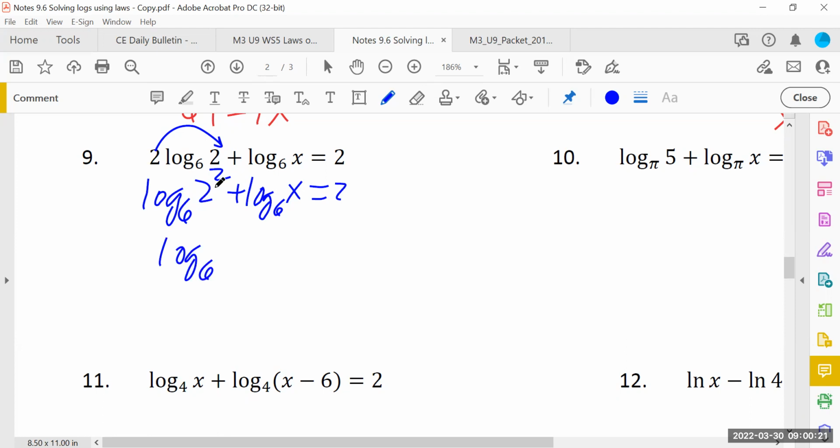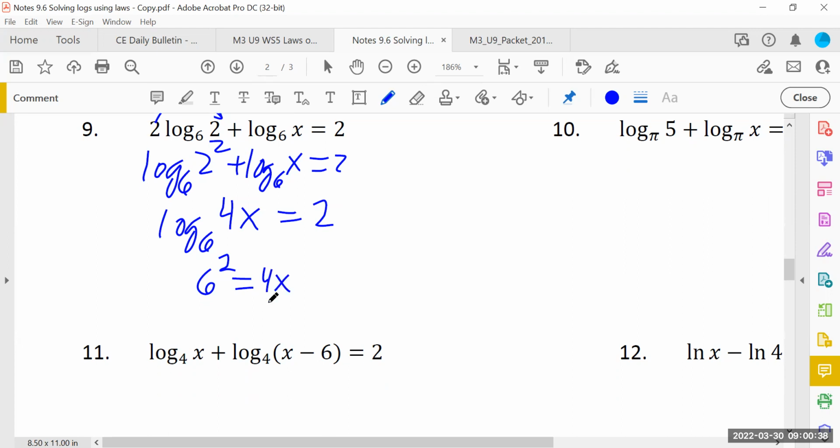Are we okay with 2 squared being 4? 4x. 6 comes down, 2 comes over. 6 squared equals 4x. Six squared is 36. Divide both sides by 4. X is 9.